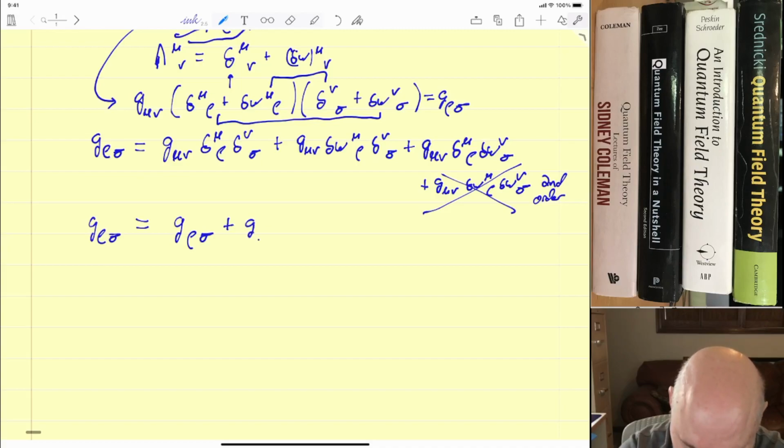So I get plus g mu sigma delta omega mu rho. And then finally I get this term here, the last term. That goes to that, and that goes to that. Now this goes down here, and this is just g. Here we're going to set rho mu equal to rho.